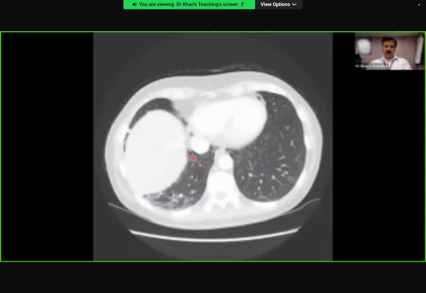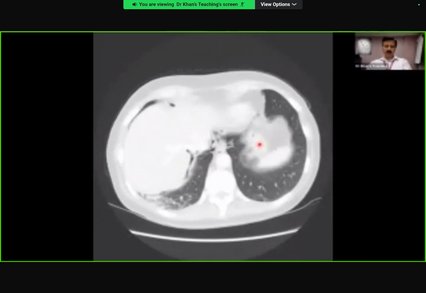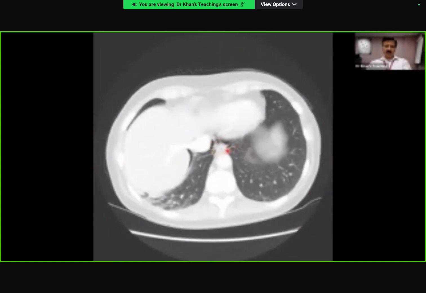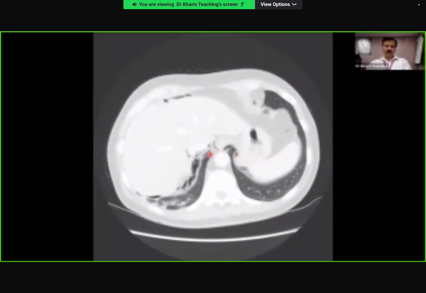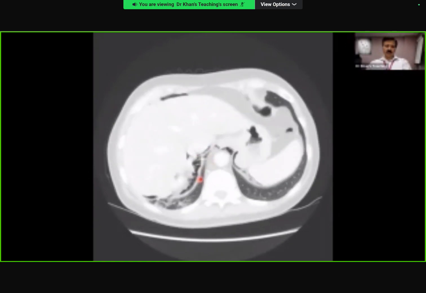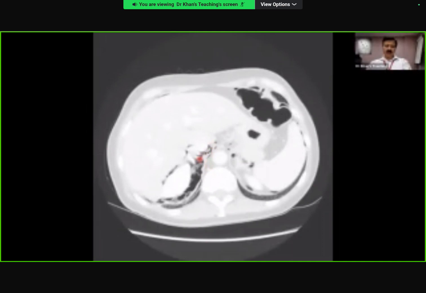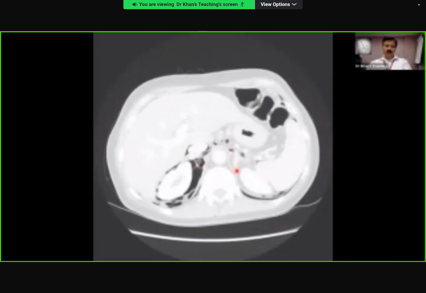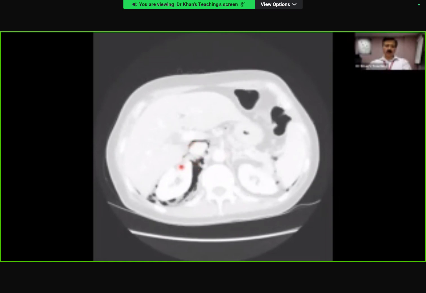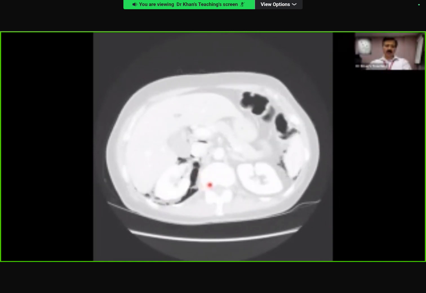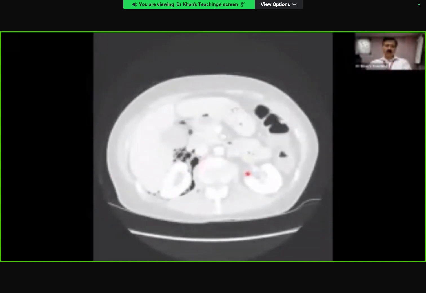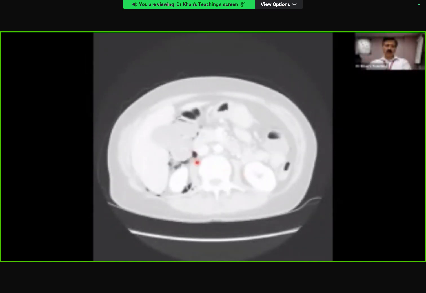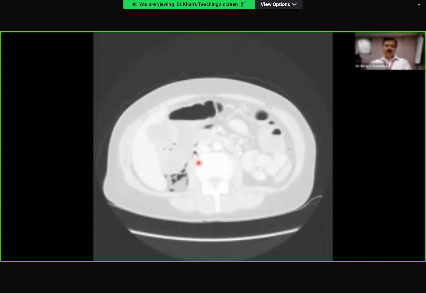Now, do you see how it is going just along the crus of the diaphragm? And now it is going into the retroperitoneum. It is outlining all of these retroperitoneal structures. So the kidney and the psoas, and this is what you see in the plain film.